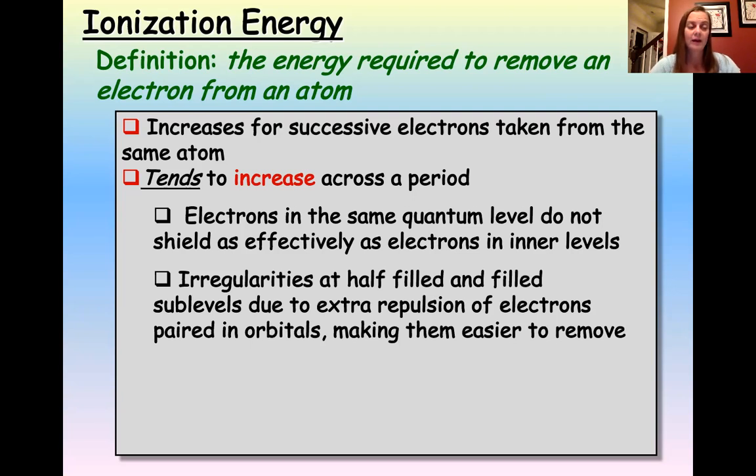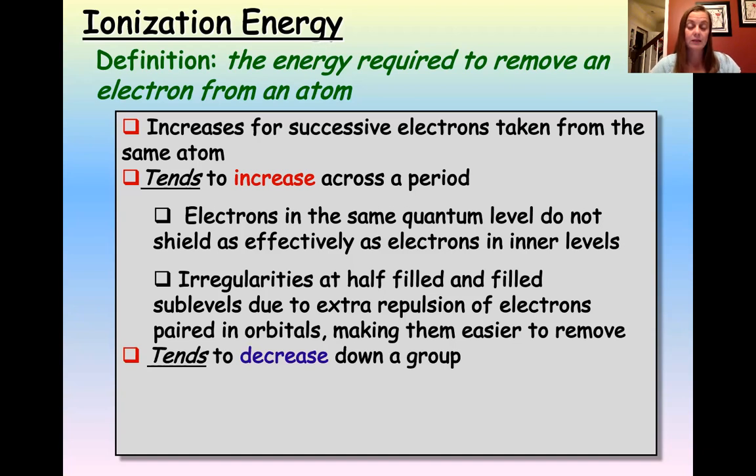So when you have a half-filled, say, p orbital, if you add one more electron, so now you have 4 electrons in that p sublevel, that paired electron that's in one of those p orbitals is easier to remove because there's more repulsion from the other electrons. So you'll sometimes see that irregularity at that particular level.